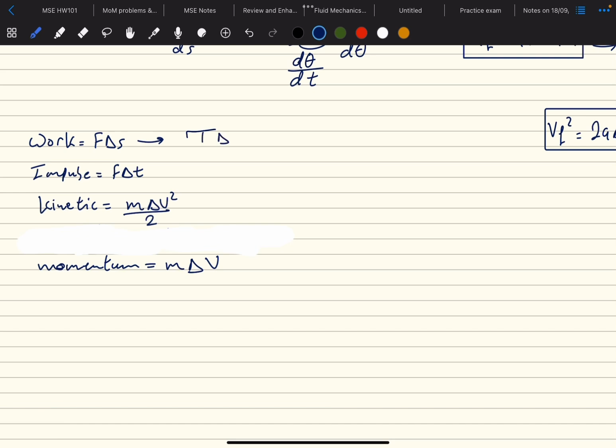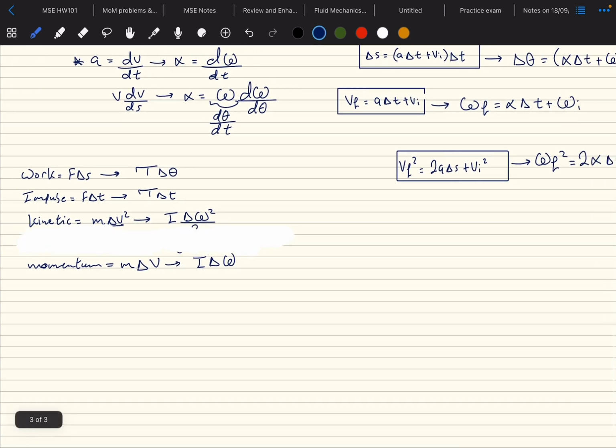Equal to torque delta theta, torque delta t, inertia. Yep. And that's it.